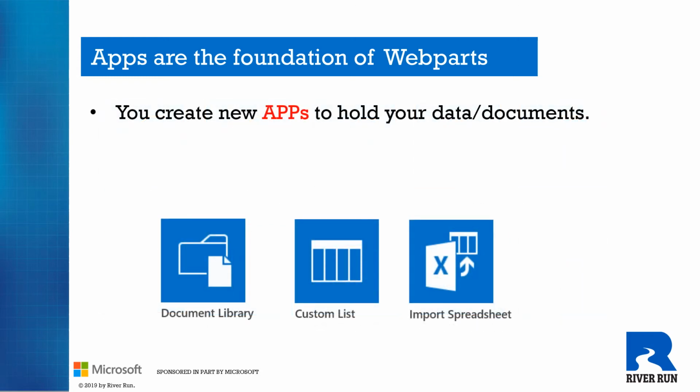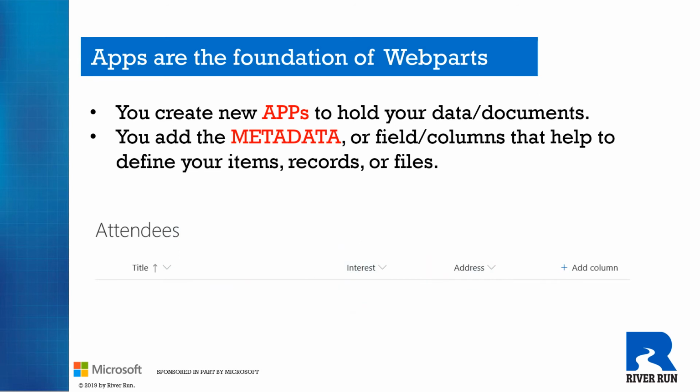As I said before, you create new apps to hold your data. And then these lists or libraries are enhanced by adding columns or metadata or additional fields which are descriptive and add information about that document or a different field for that record.